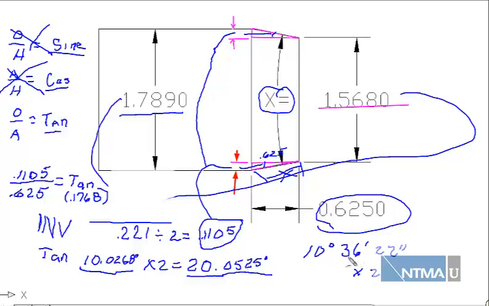Multiplying would give you 72 minutes, and you can't have 72 minutes. So always do anything you're going to do in decimal form, and only at the very end convert to degrees, minutes, and seconds. So that's not the right answer.